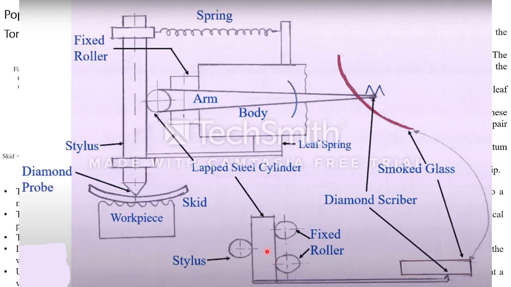So this is my stylus, and this is the lapped steel cylinder.